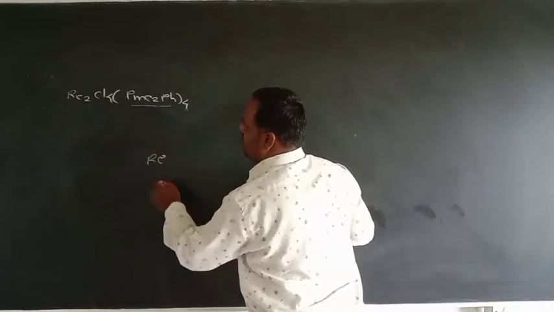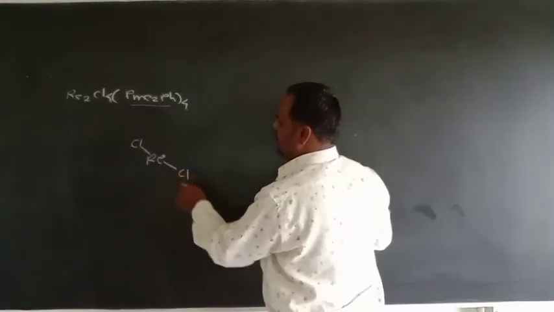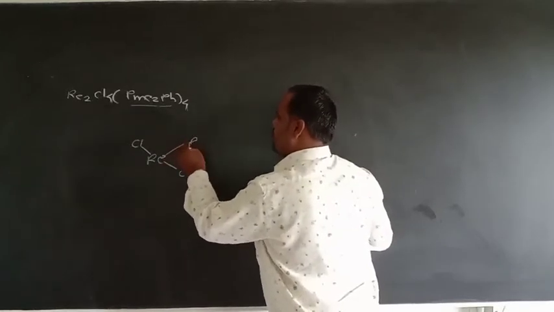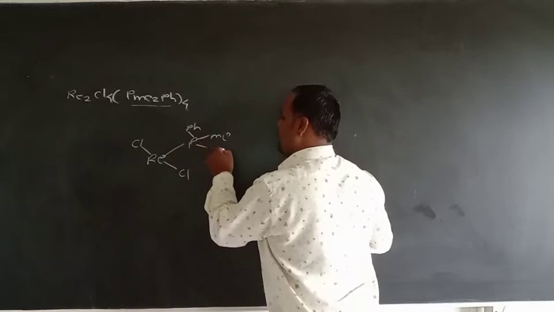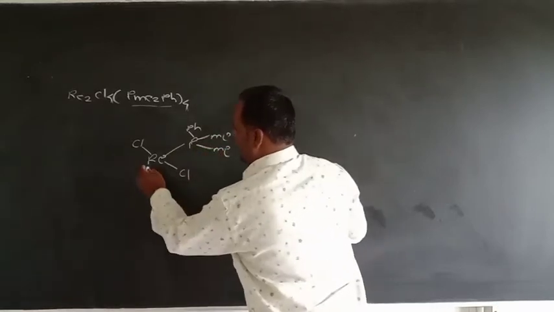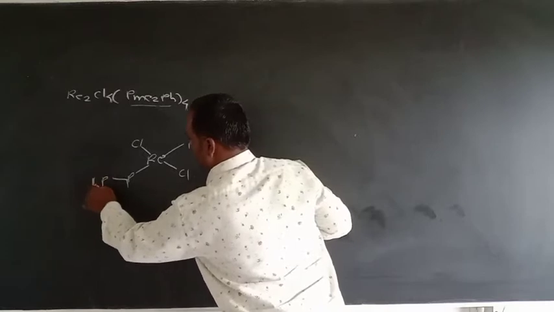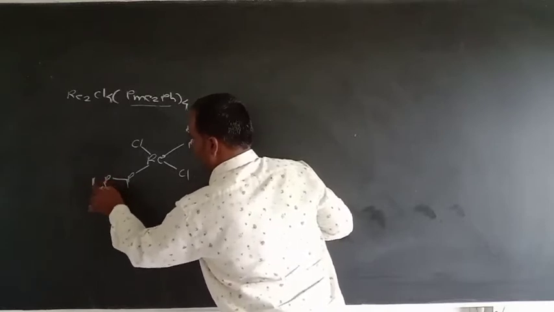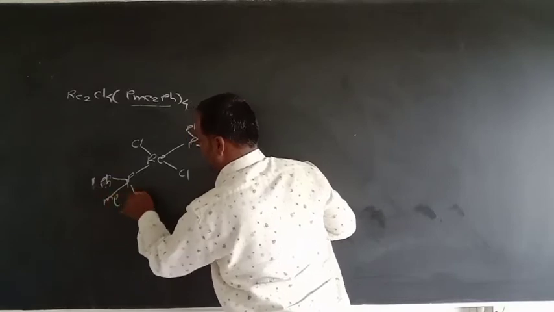Therefore in this case also a square planar complex is formed. This rhenium is attached to 2 Cl and 2 PMe2Ph; similarly the other rhenium is attached to 2 Cl and 2 PMe2Ph.